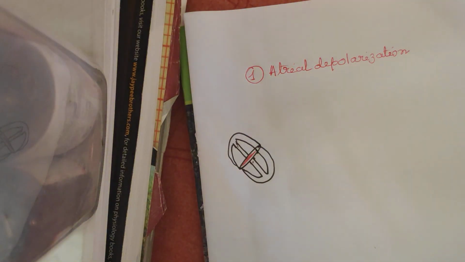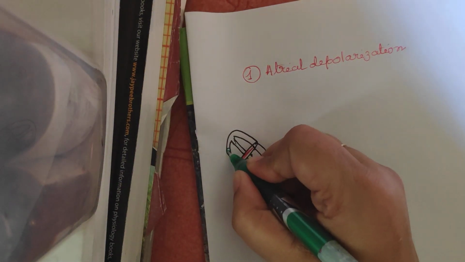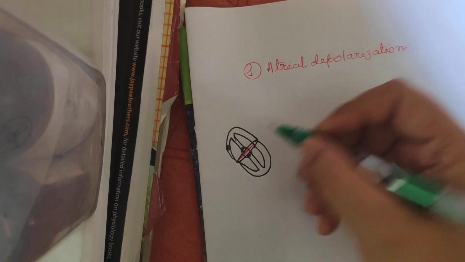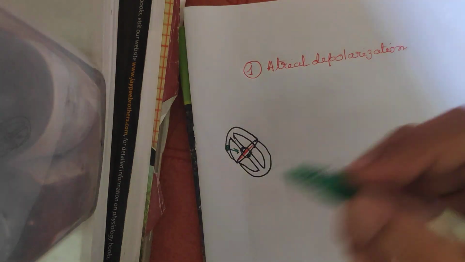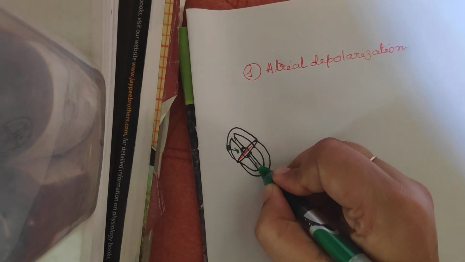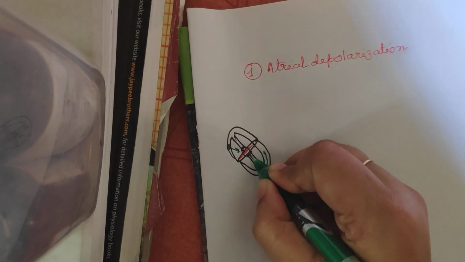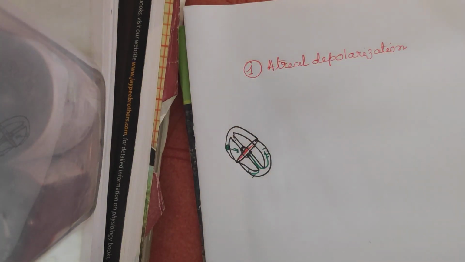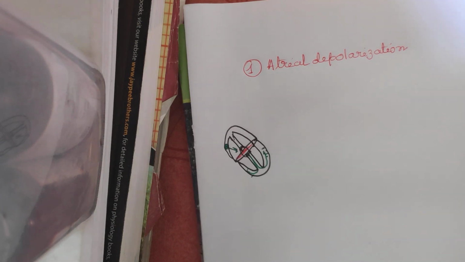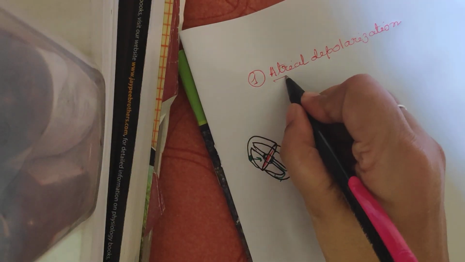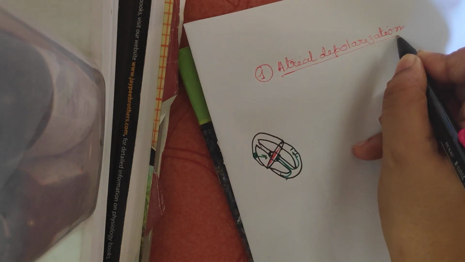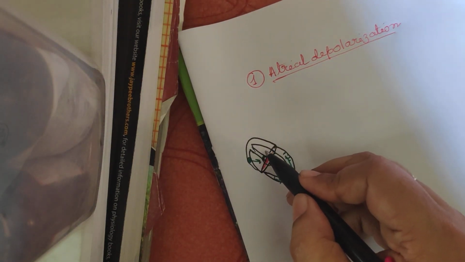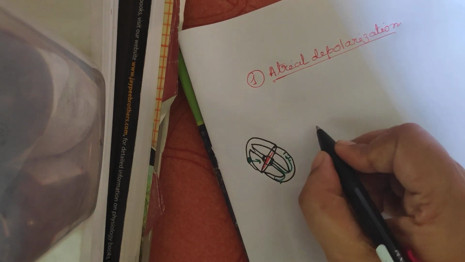The electrical signal is first generated at the level of the SA node, then it goes to the electrical window, the AV node, followed by stimulation of the bundle of His and the Purkinje fibers. So in this way we can say that the first electrical event happening in the heart is atrial depolarization. Atrial depolarization will be followed by what?